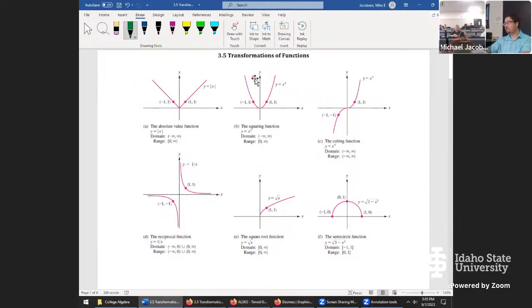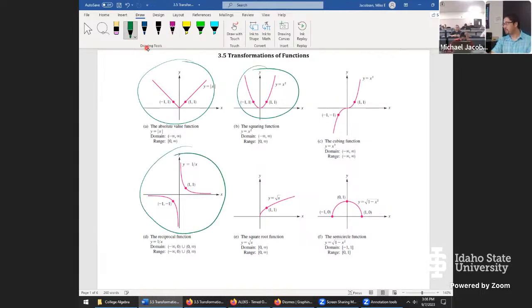It'll work for this function, this function. This one's a different symmetry. This is about the origin. It's really two reflections. But the ones with y-axis symmetry would be this, this, this, and this. Does that make sense with that question there?